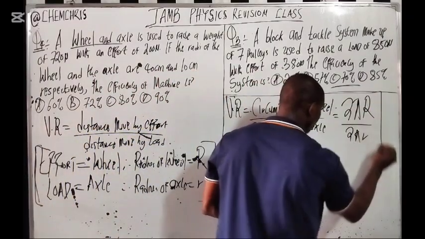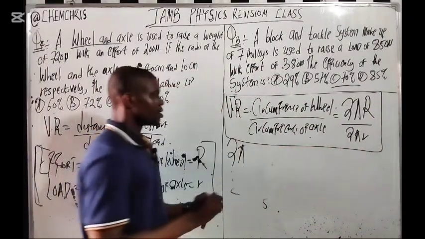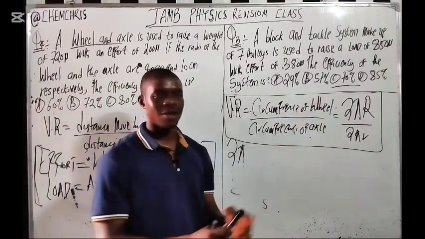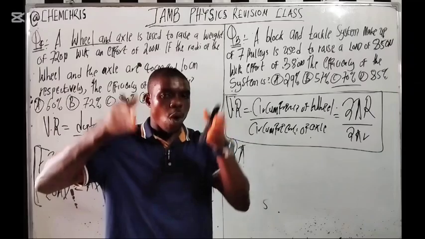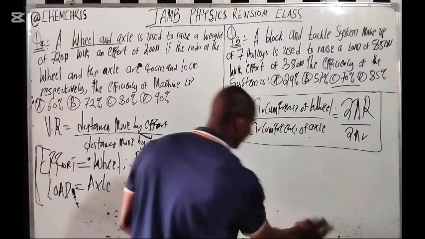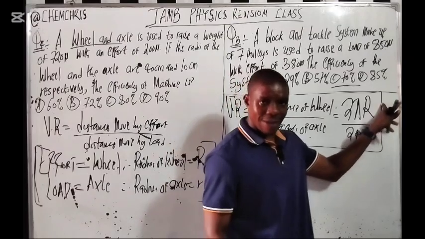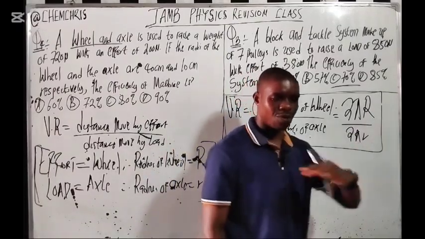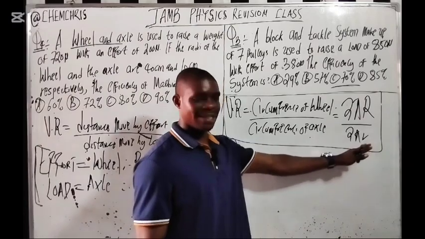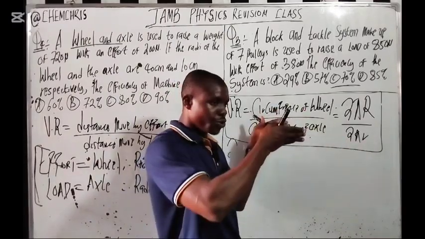This is what you use in your calculation of the velocity ratio of the wheel and axle: 2 pi capital R over 2 pi small r. The big R is the wheel, the small r is the axle.